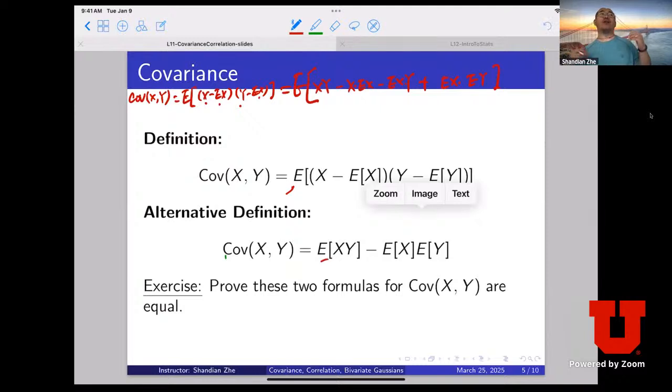The linearity of expectation says if you're taking an expectation over a linear combination of terms, you can first take the expectation of each individual term, then linearly combine them.